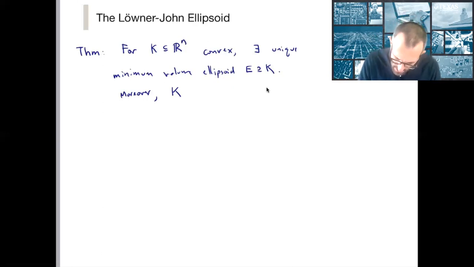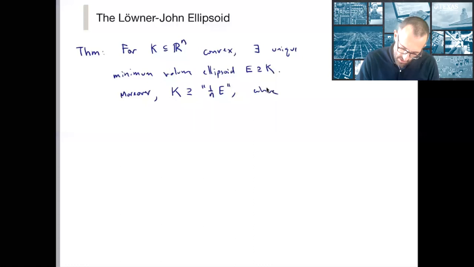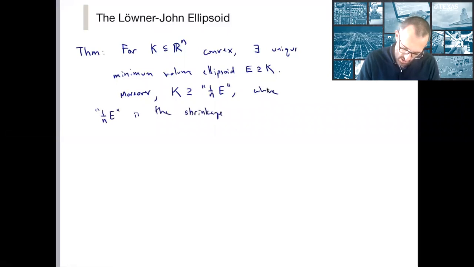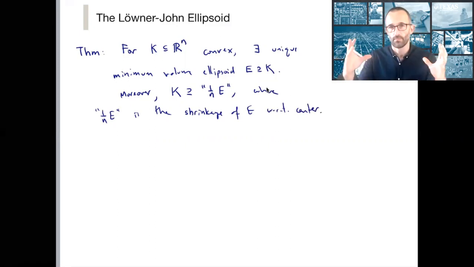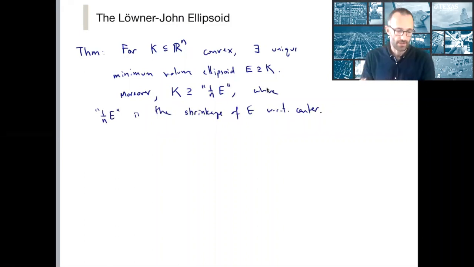So moreover, K contains, I'll put this in quotes to explain what I mean, (1/n)E, where (1/n)E is the shrinkage of E with respect to its center. So in other words, translate E to the origin, multiply by 1 over n, and then translate it back. That's what this operation does.